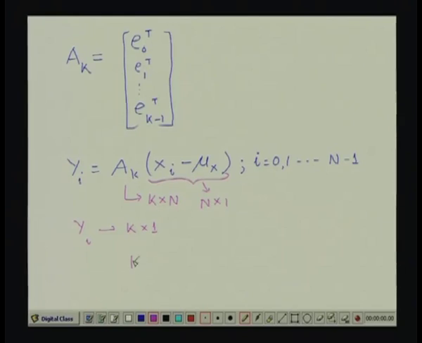That means the transformed image will consist of n number of column vectors, where every column is of dimension k. So the transformed image will be of dimension k by n, having k rows and n columns. You remember that our original image was of dimension capital N by capital N.